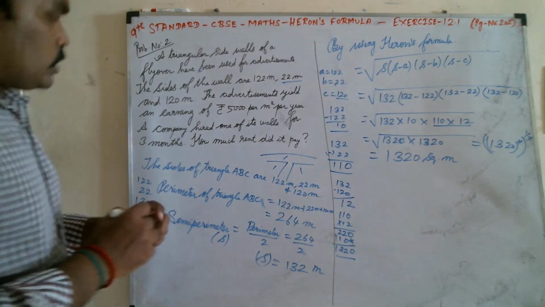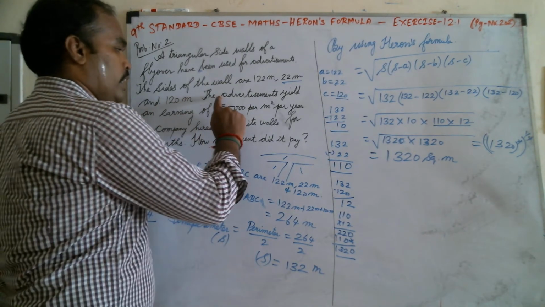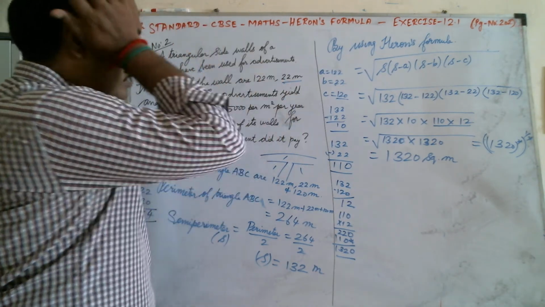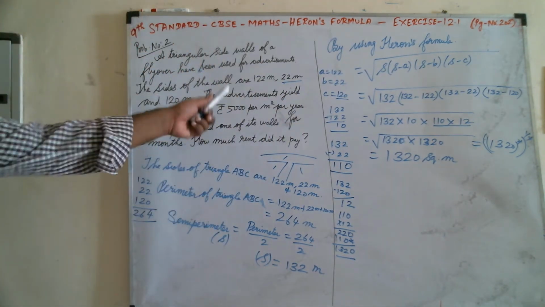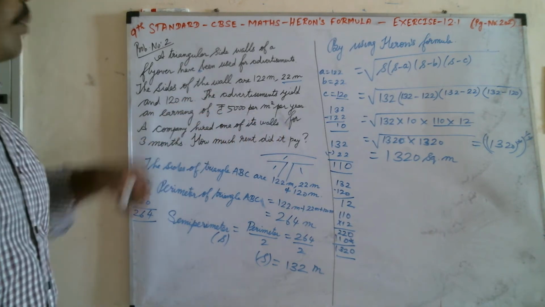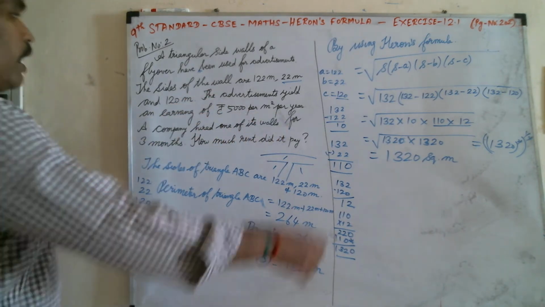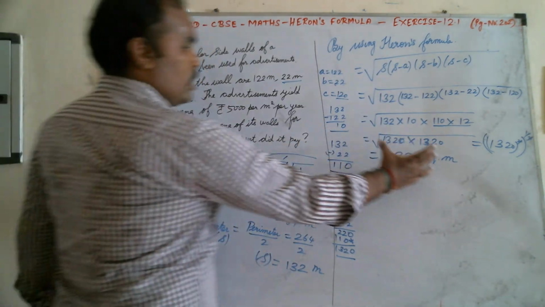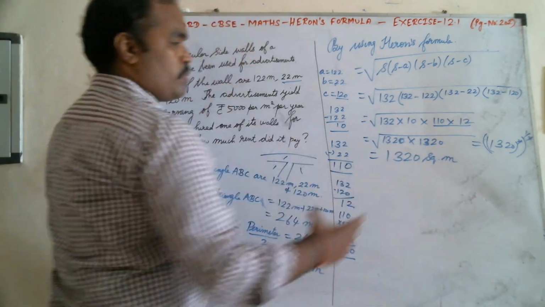Then, next question, what are they asking? The advertisement yields an earning of rupees 5,000 per meter square per year. Per year, how much are they asking? By using this advertisement cost, this much square meter has been done.